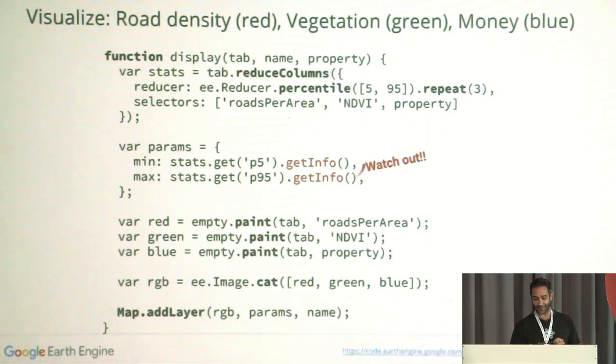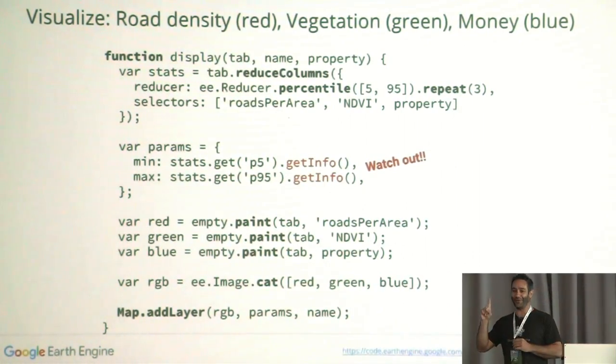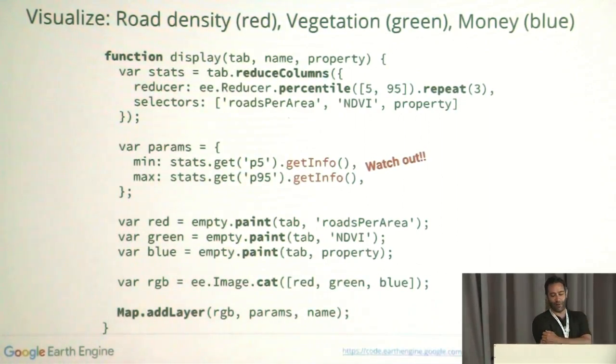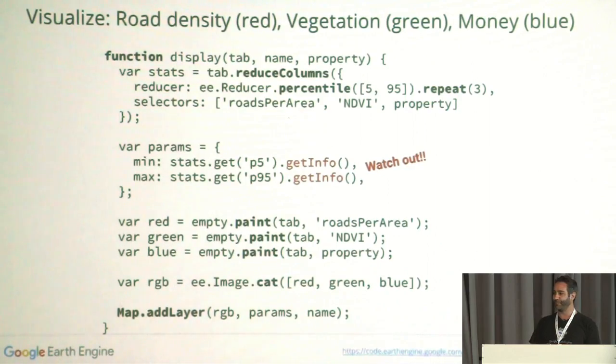So the solution is to call getInfo. And I can't believe I'm even putting this into a slide in a public presentation, but there it is. Watch out, because those getInfos will block until the stats have been computed, and then you can continue.